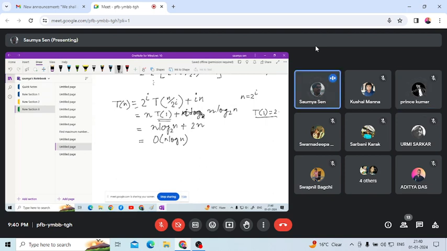Okay. So consider this line again. We say n equals 2 to the power i.